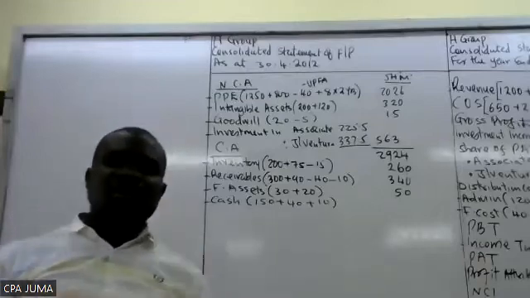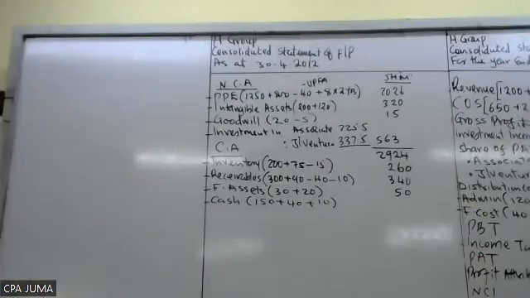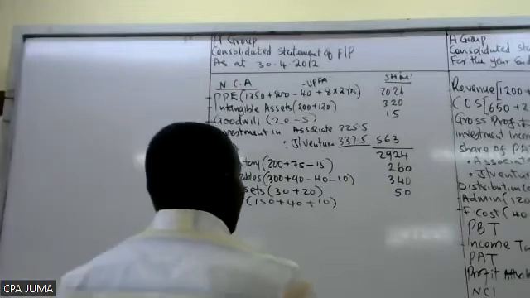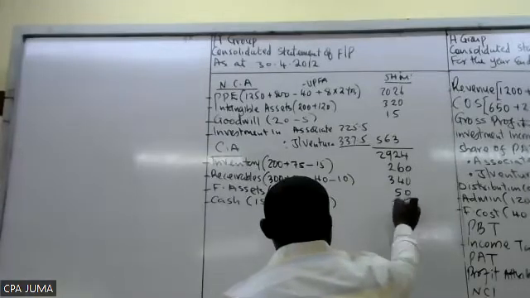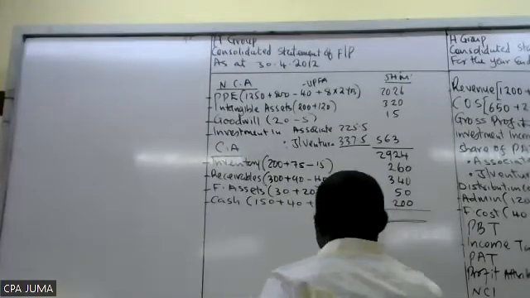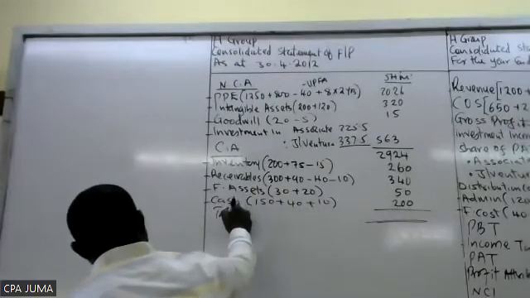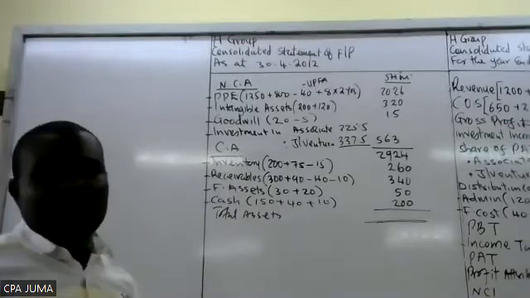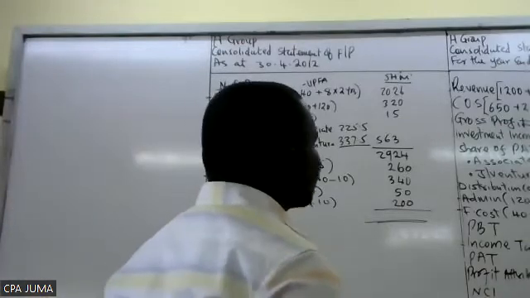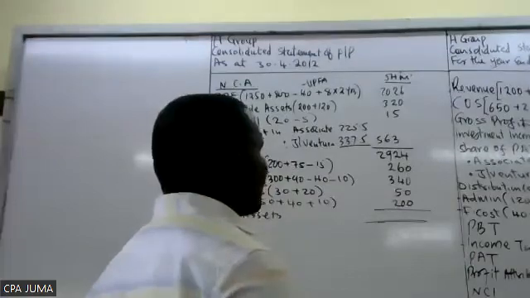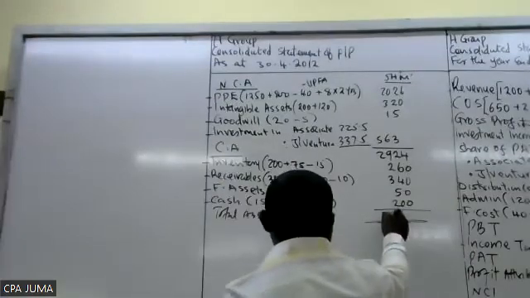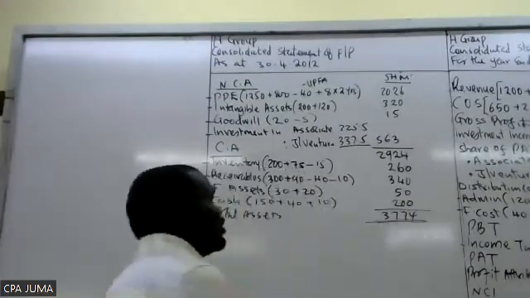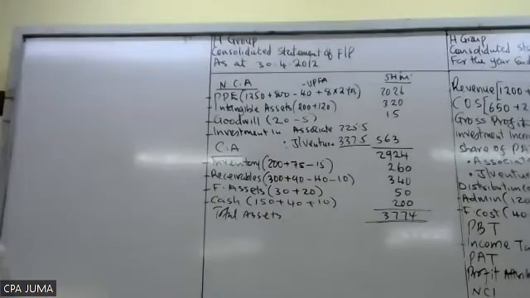That gives 200. Therefore, give me the total assets. That is 2924 plus, well, that is 3774. Check to confirm.